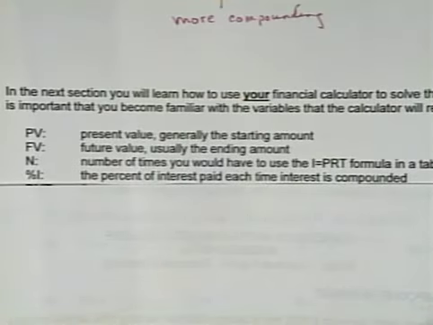The percent of interest paid each time interest is compounded. Okay? Let's talk about that one for a minute. When Matt got paid 10% interest annually, each time he got paid interest, he got paid 10%. What changed was the principal coming in was higher. Is that making sense?